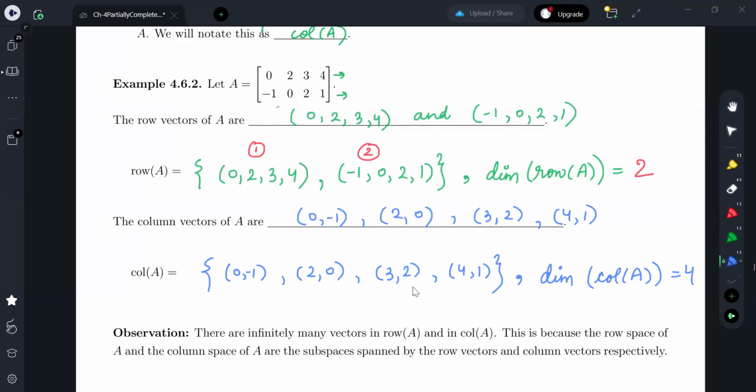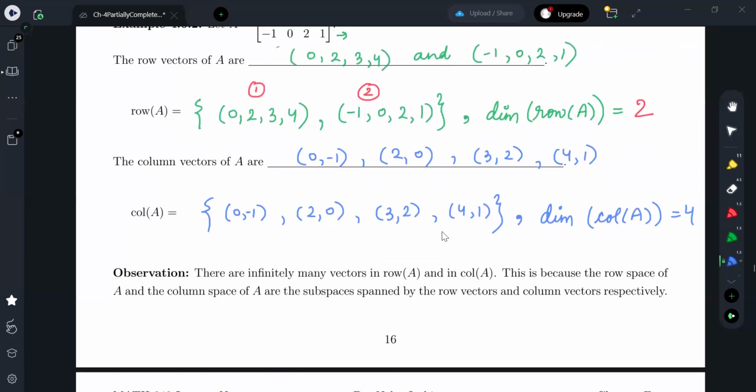Any questions? Now finding the basis for a row space and the basis for a column space, that's a whole different story. There are infinitely many vectors in row space and in column space. This is because the row space of A and the column space of A are the subspaces spanned by the row vectors and column vectors respectively.